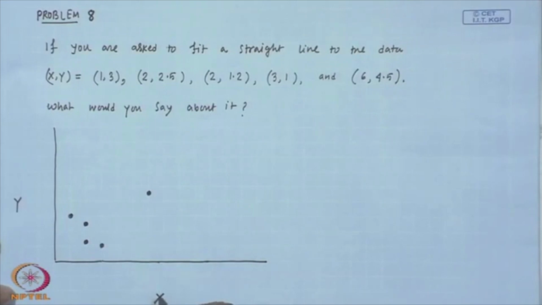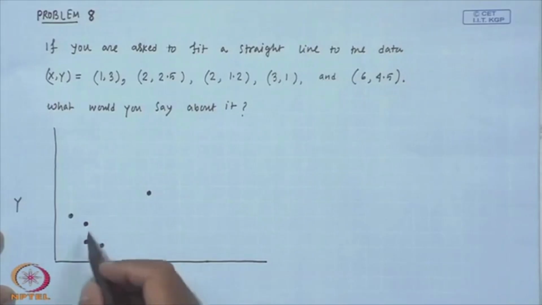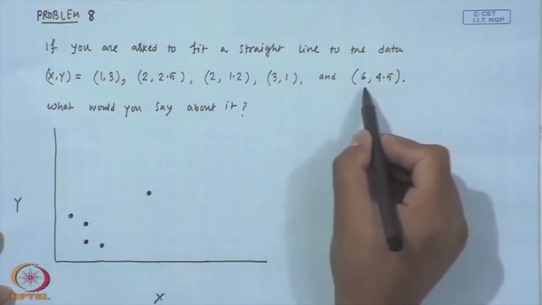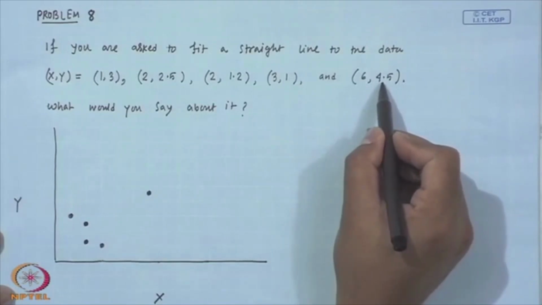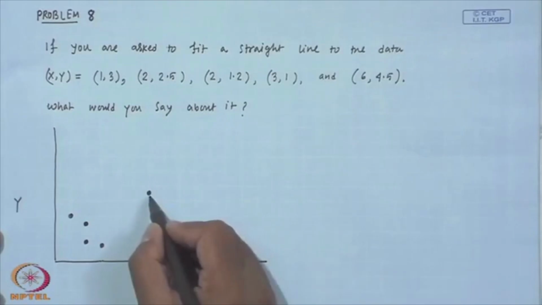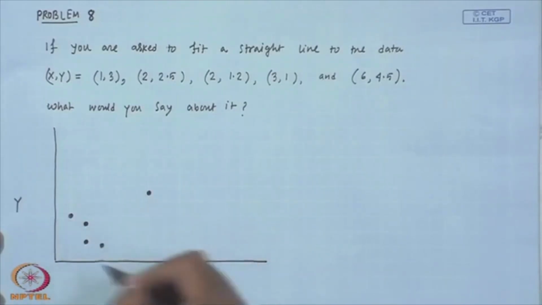This is my x axis, this is my y axis. Do you have anything to say? See, here you can see that this particular point, that is 6, 4.5, is not in the usual trend of the data.